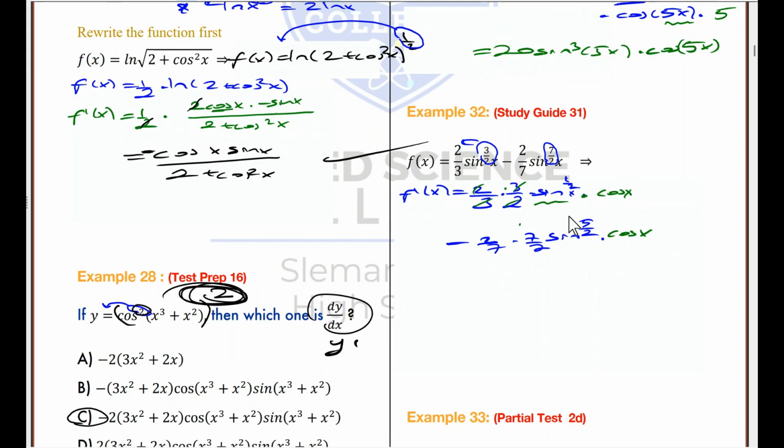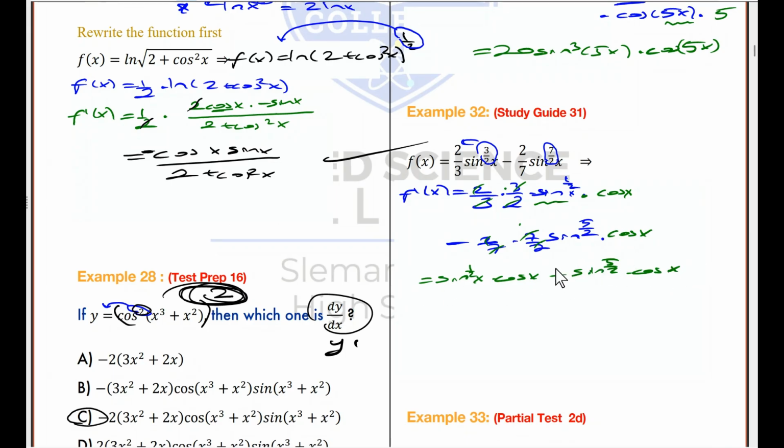Okay. Now we cancel this. So I got sine to the 1 over 2 x times cosine x minus sine 5 over 2 times cosine x. So that's my answer. It looks like I'm done.